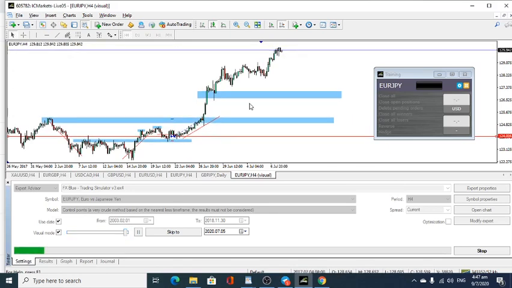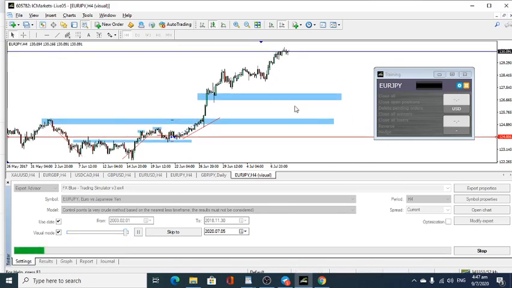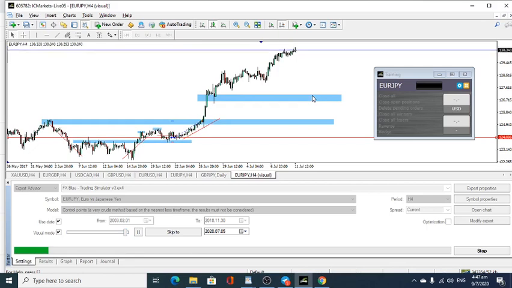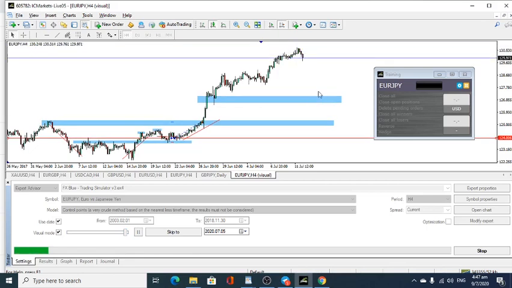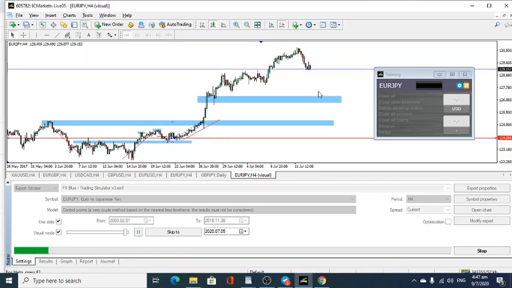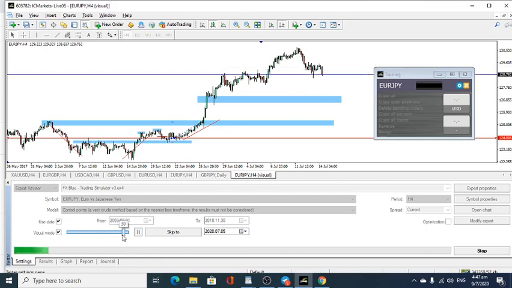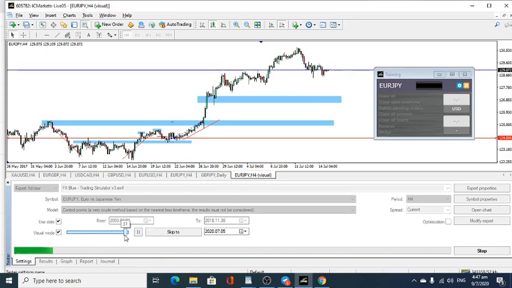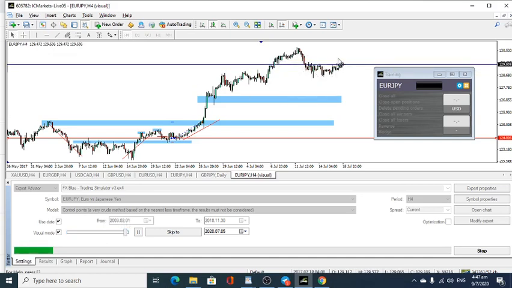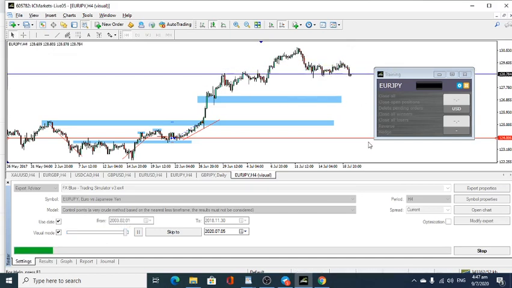See, there's no sell order. Price sometimes does not come back to retest. Now there's a chance that it's going to go down. Okay, because the previous support has been broken here, price went up here, it might just retest here and then go down lower.